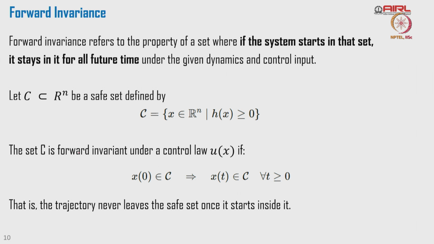What is that? You see, forward invariance refers to a property of a set. So we will say that a set is forward invariant when, if the system starts in that set, it stays in it for all future time under the given dynamics of the system and the control input u, right?